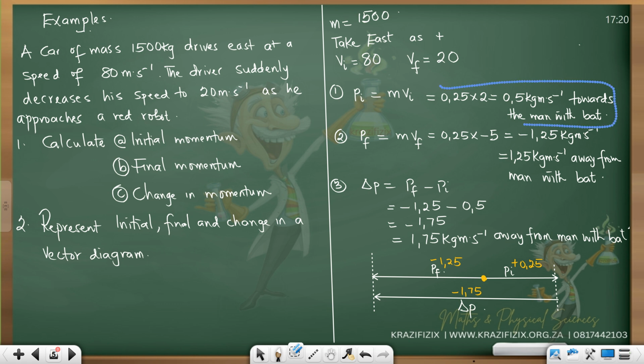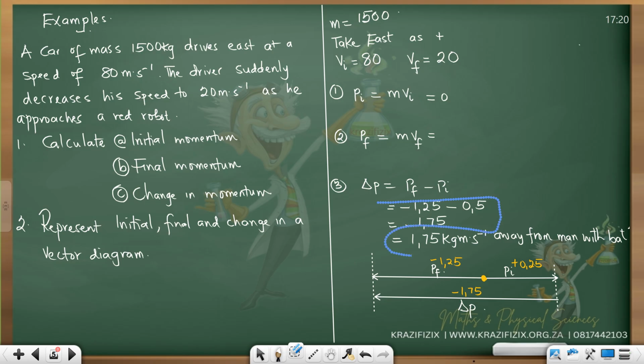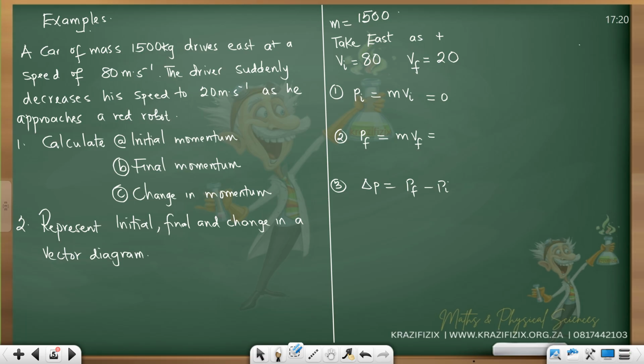Okay, so let's start throwing in all the formulas that we can have. All right, what is the mass again? Mass is 1500 times 80. What will that be? That is 120,000.